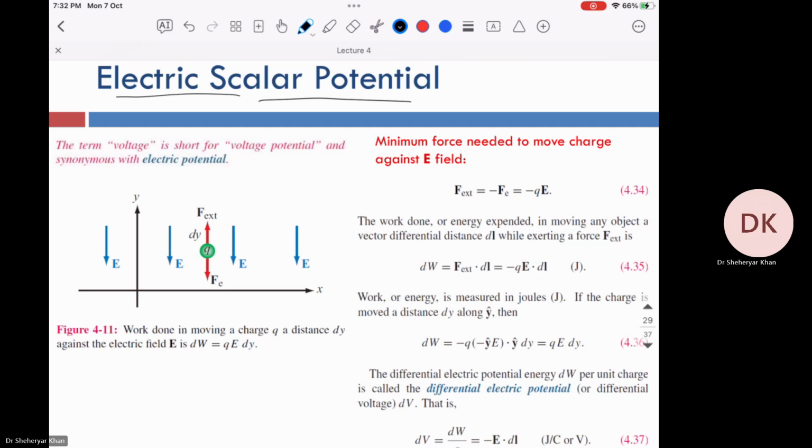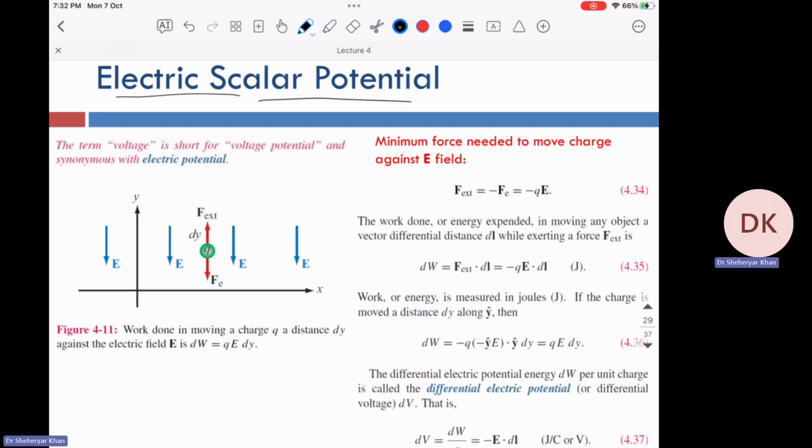That means you have to do some work to move them into a higher position. That's exactly what you do in your battery. You supply an external field and move charges to a certain plate, the anode, and the energy is actually stored in the form of some chemical process.